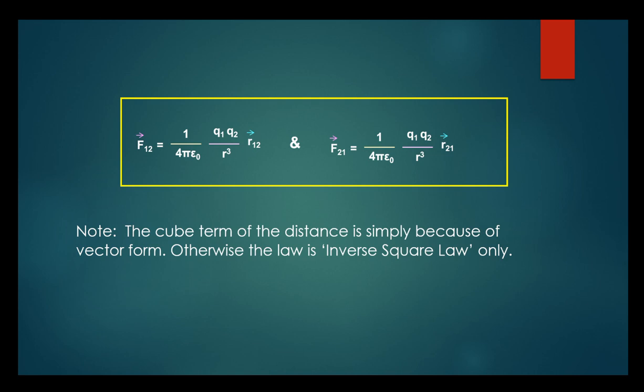Note one point here: we see R cube in the force, but Coulomb's law obeys the inverse square law only, it does not obey an inverse cube law. The cube appears only because we write it in proper vector form instead of unit vector form.